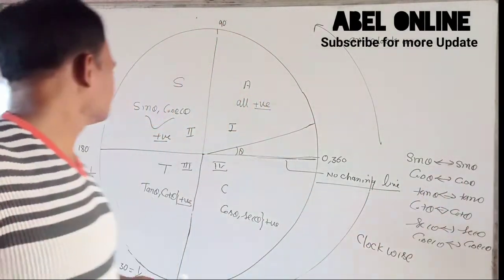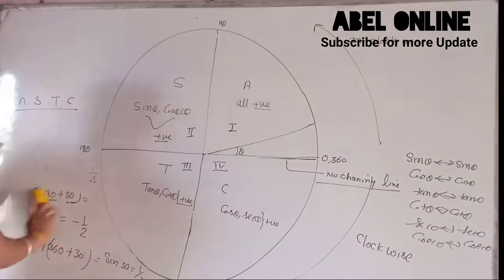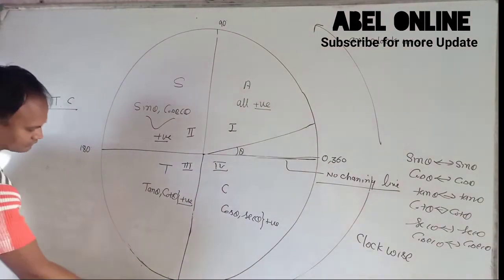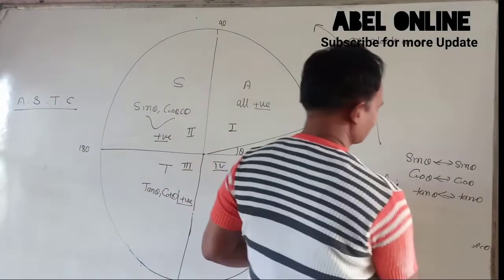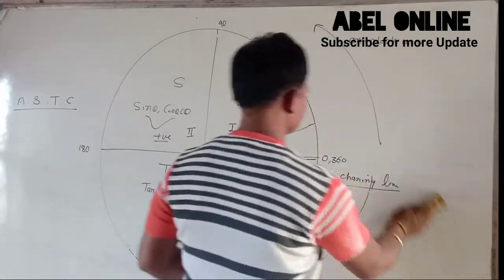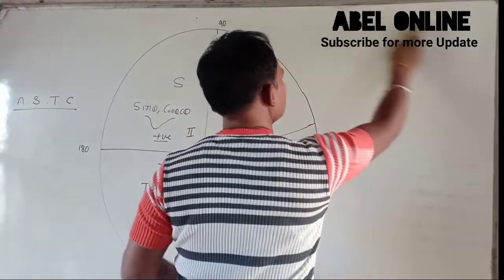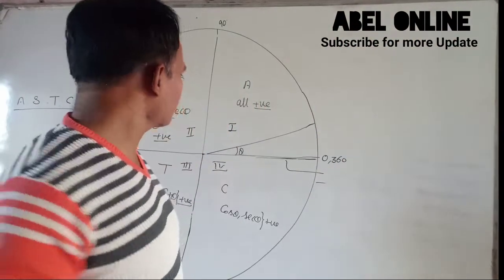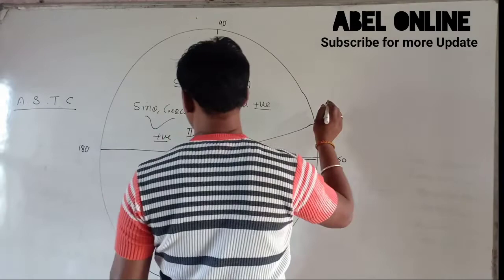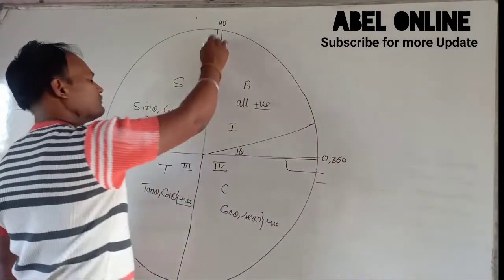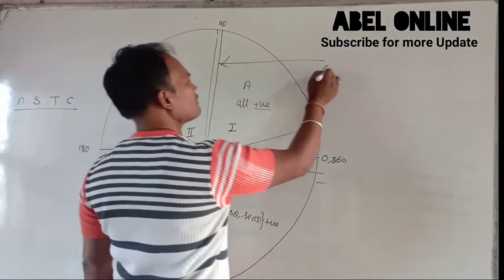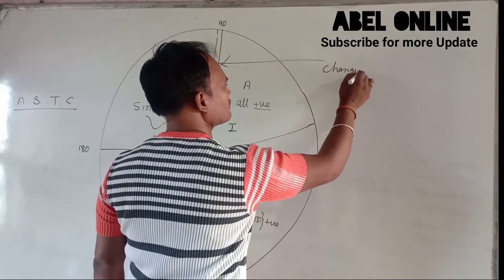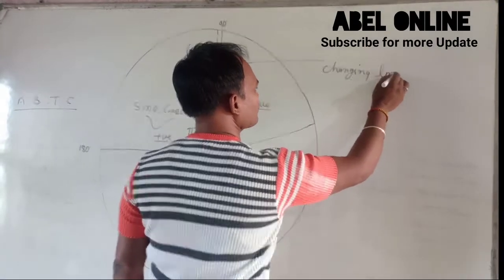Next one is this line. This line is called the changing line.